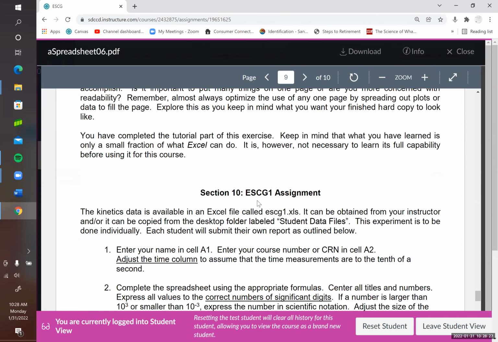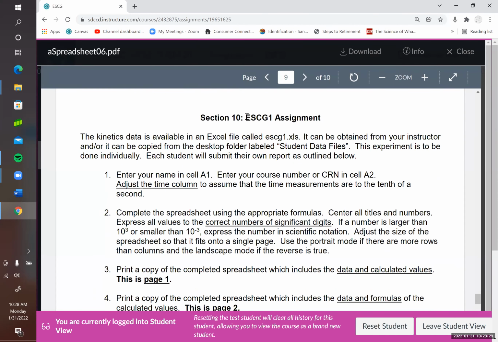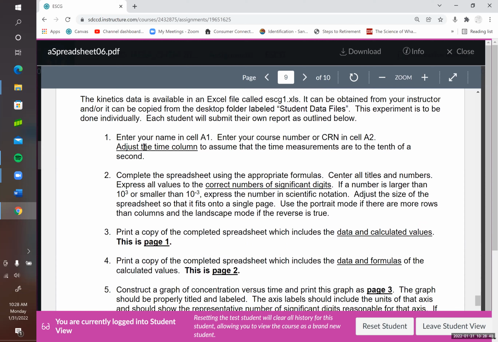Okay, now at the very end starts the assignment. None of this stuff previously do you have to hand in. Here's what you're going to hand in. You're going to look for this file, electronic spreadsheet and computer graphing Excel file, which is in the assignment section where I got the lab manual part that we're looking at right now.